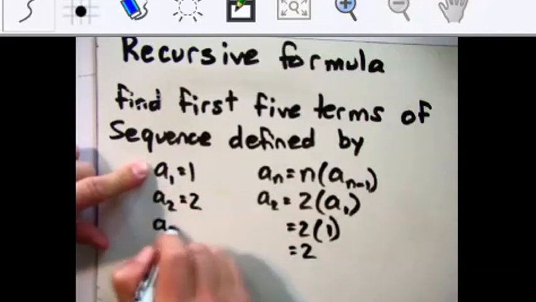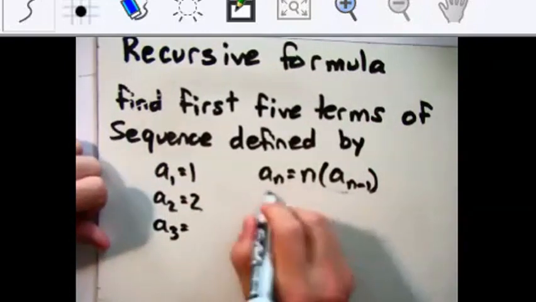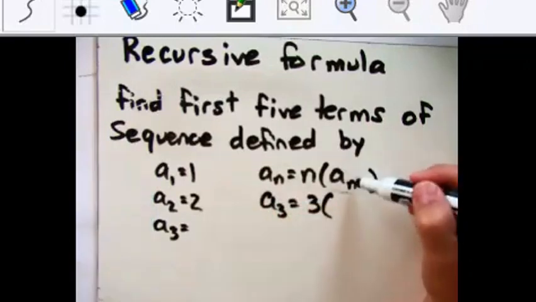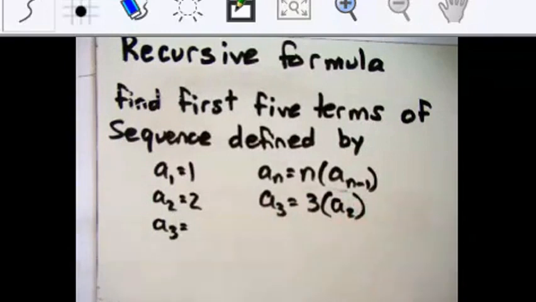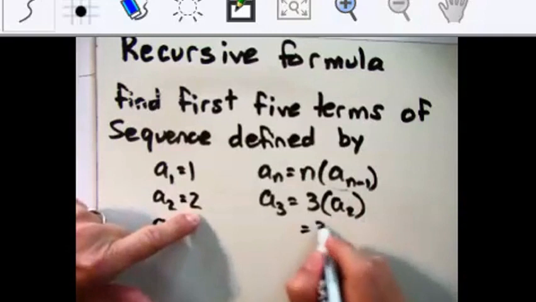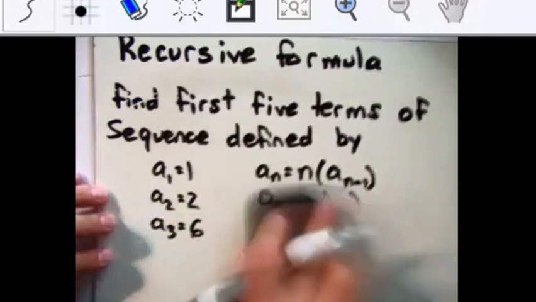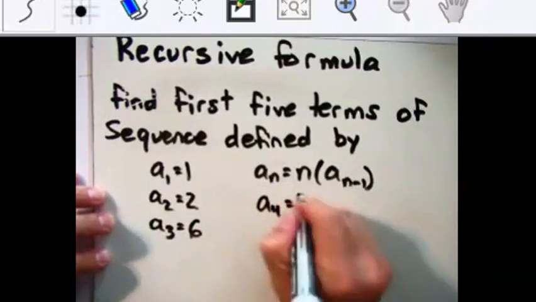Okay. For a sub 3, let me erase this guy here. My n value is 3. And then this would become a sub 3 minus 1, which would be a sub 2. Which in this case, remember, a sub 2 is equal to 2. So this is 3 times 2, which would be 6. Okay, so hopefully you guys are seeing how I'm using a previous term to get the next term.